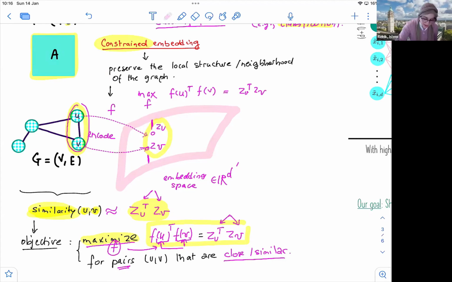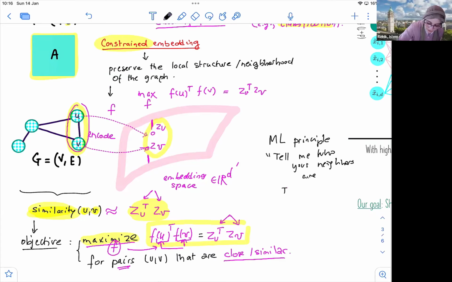And if you remember in machine learning, there is this principle which states: tell me who your neighbors are, and I'll tell you who you are, okay?